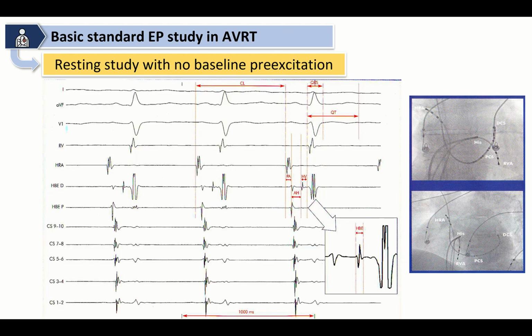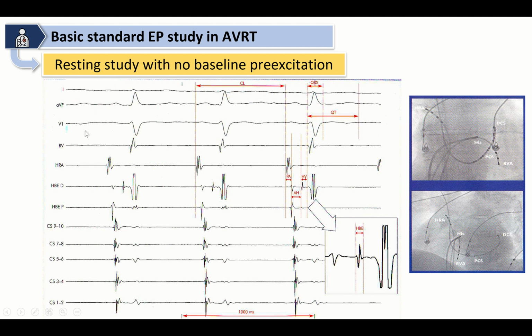Start with stage number 1, where we have a patient with resting ECG, no pre-excitation. We have to use all mapping diagnostic catheters: RV, CS, HIS, high right atrium. Then you have to see the ECG, analyze, no pre-excitation.